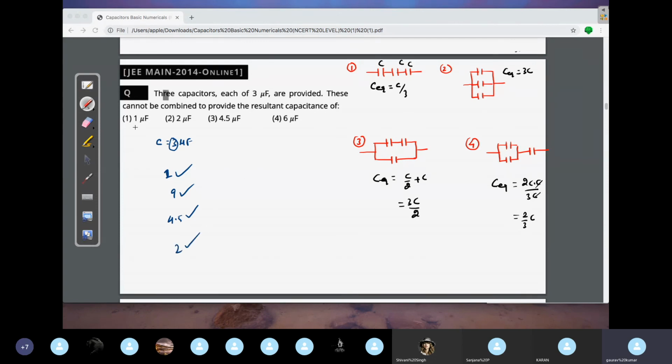So which is not possible here? 1 is possible, 2 is possible, 4.5 is also possible, 6 is not possible. So what is the answer? 6 microfarad is the answer for the question. Right? Very, very easy. You can take the screenshot fast.